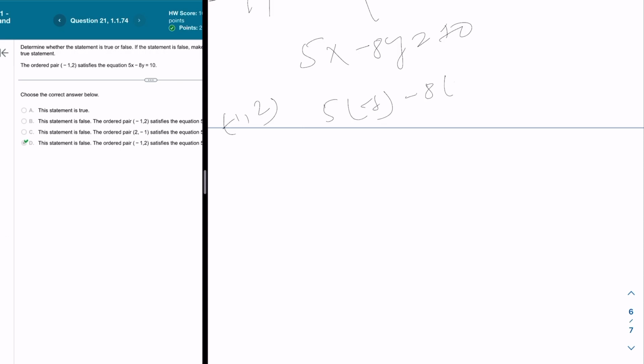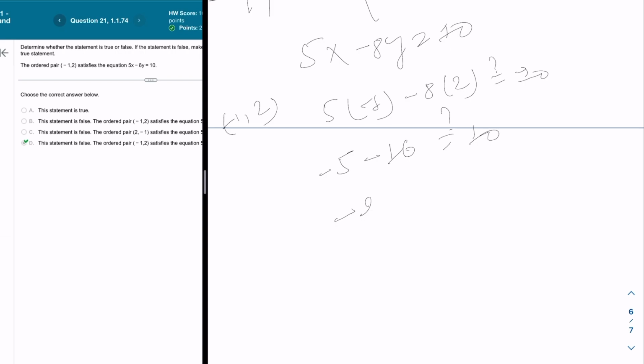Substituting, we get -1 plus 8 times 2 equals 10. We don't know whether that is equal or not, so don't give the equal sign yet. We get -5 plus 8 to the 16, so it is not equal, we can see by our instinct, right?